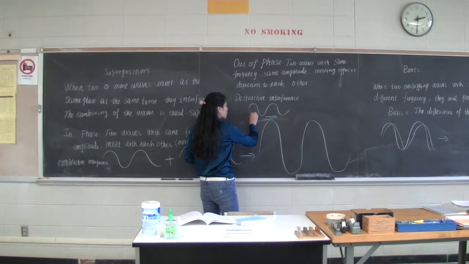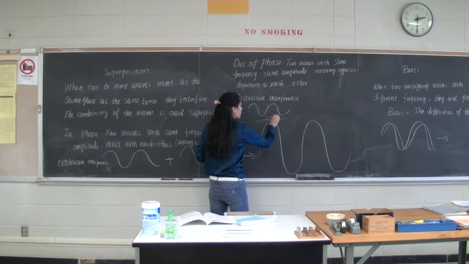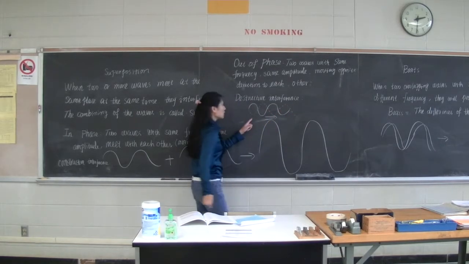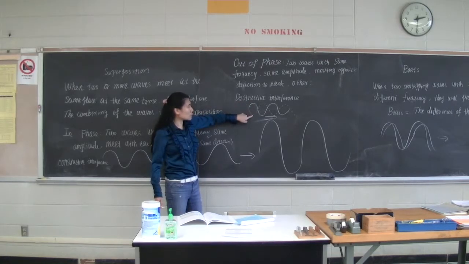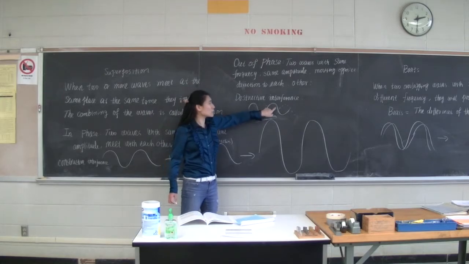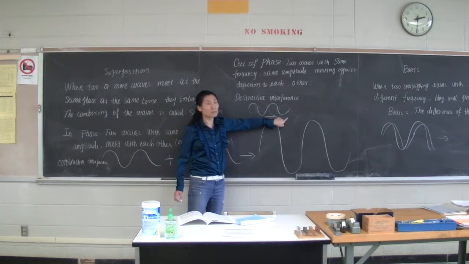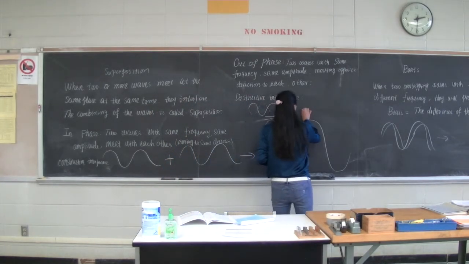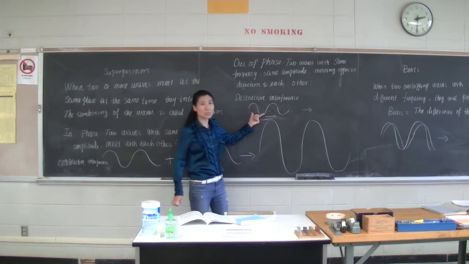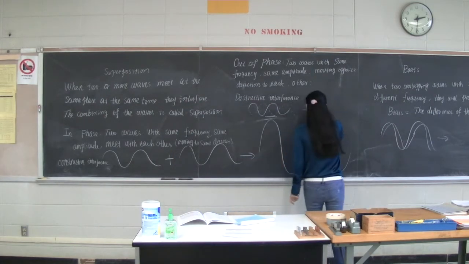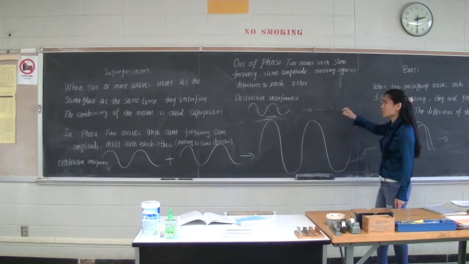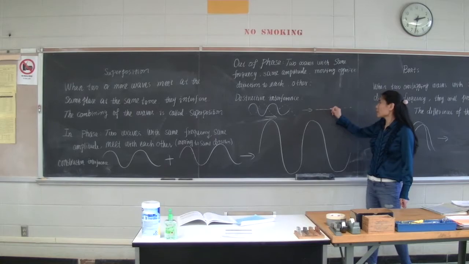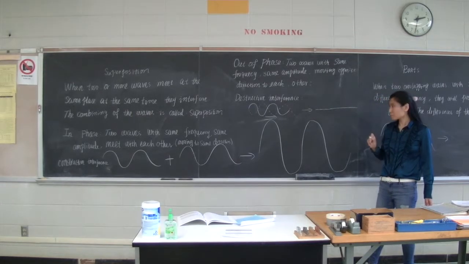But where the first wave is at the top, the second wave is at the bottom. So these two always cancel out each other. The result of these two waves meeting is that they cancel out, so the resulting wave will just be a straight line.